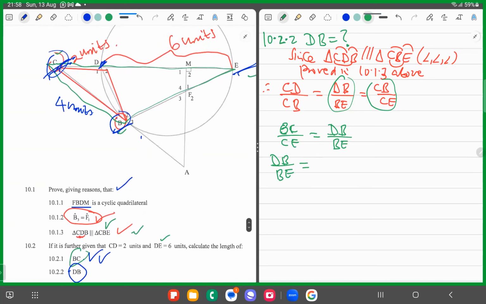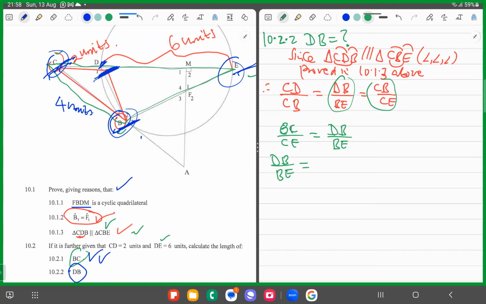Let's look at the shape now. DB, where is DB? Right, so you have D here and B there. And then you have BE, B here, and E there.